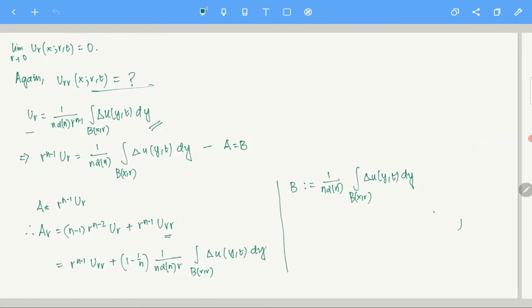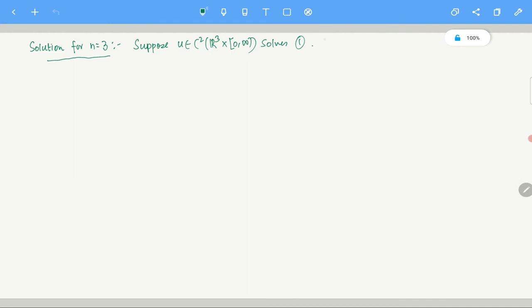Then, let capital U, G and H be defined as in 1 and star respectively. Clear?